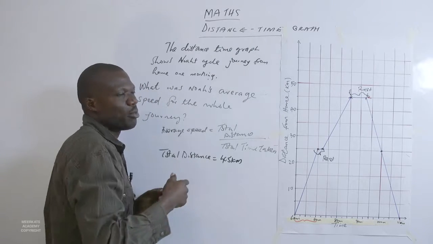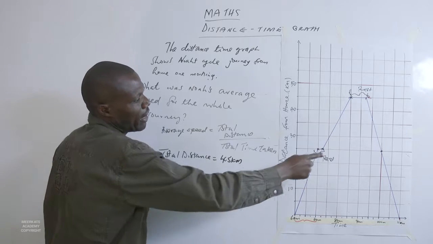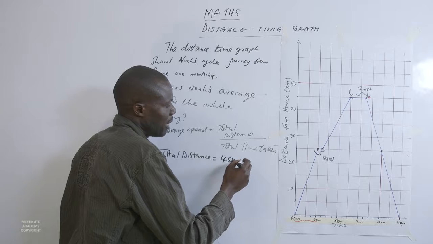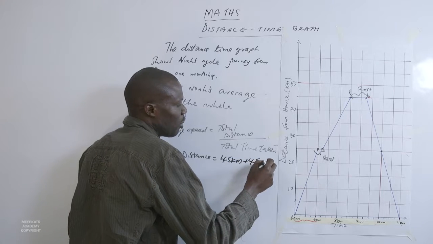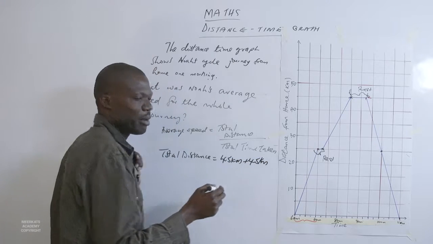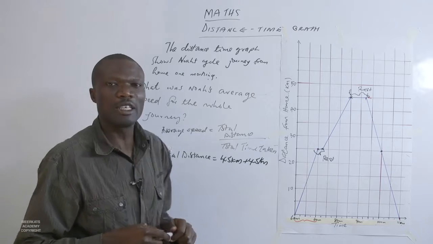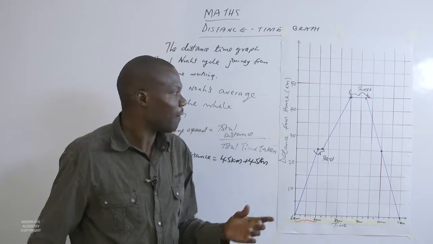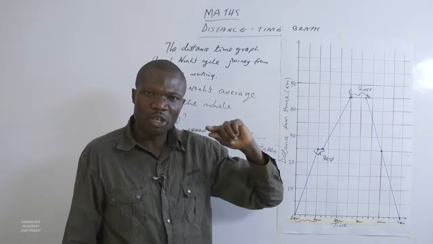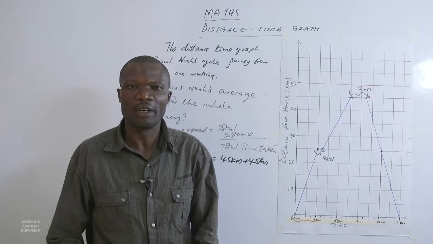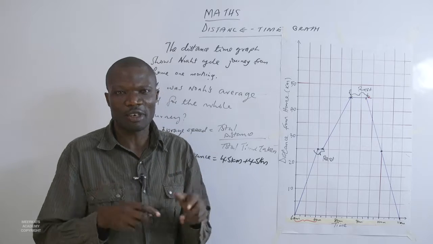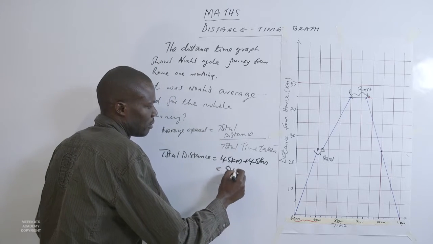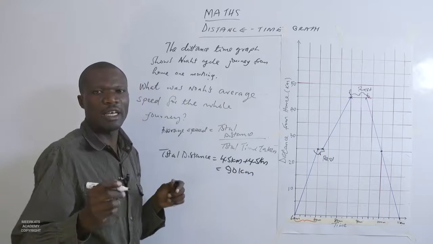Then he turns back and starts coming back. He didn't rest, he came back straight, and this gives us plus another 45. I have not assumed the 45, but I know the distance you cover as you go will be the same as the distance covered as you come back. That's why we have 45 to the place and 45 back. So what is the total distance covered here? It will be 90 kilometers.